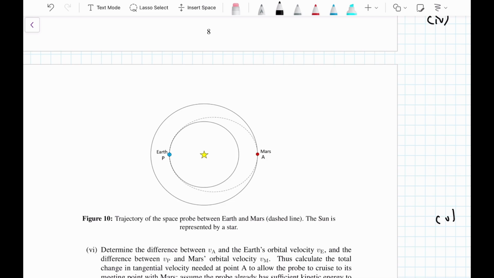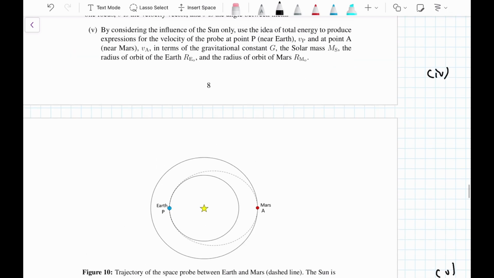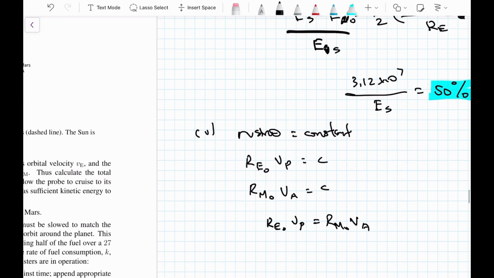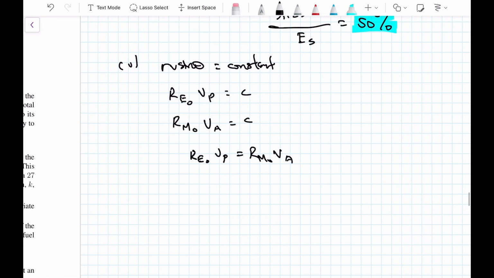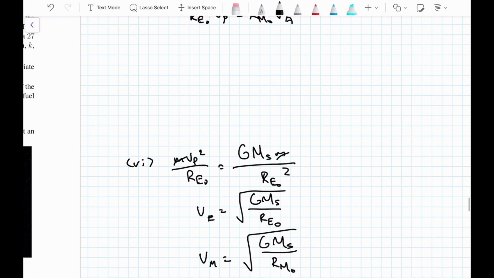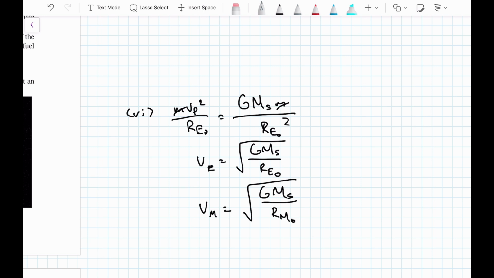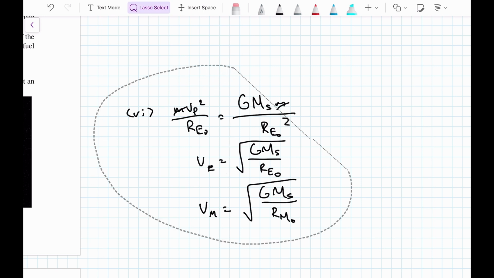Okay, so I think another way to do this is basically using energy conservation, as mentioned in the question. So in terms of energy conservation, let's move this down because this might take a bit of space.